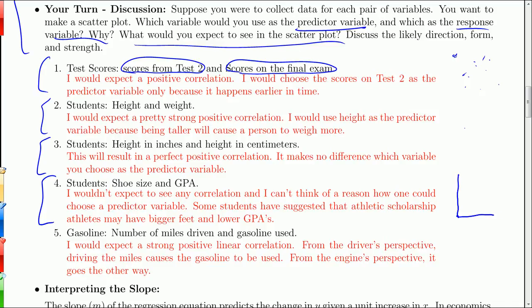Regardless of which is the causative, I can't imagine there's a relationship. And so what that means is if you have this sort of no relationship, the line that fits this, if the correlation is 0, looks like that. Just a horizontal line. Some people have proposed how GPA and shoe size might be related. I'm not buying any of it.